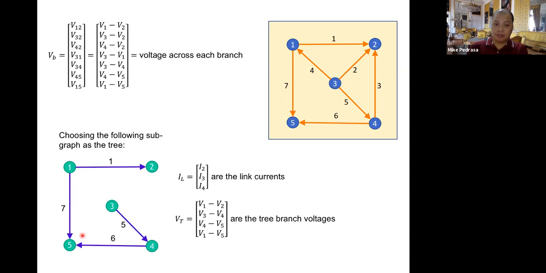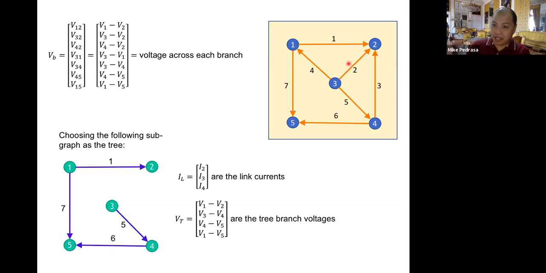Diba? For this link, the current there is equal to this current plus that current. Similarly, the current here is equal to this current plus that current. And lastly, the current here, paano natin kukunin yung current na yon? In terms of I1, I5, I6, and I7.